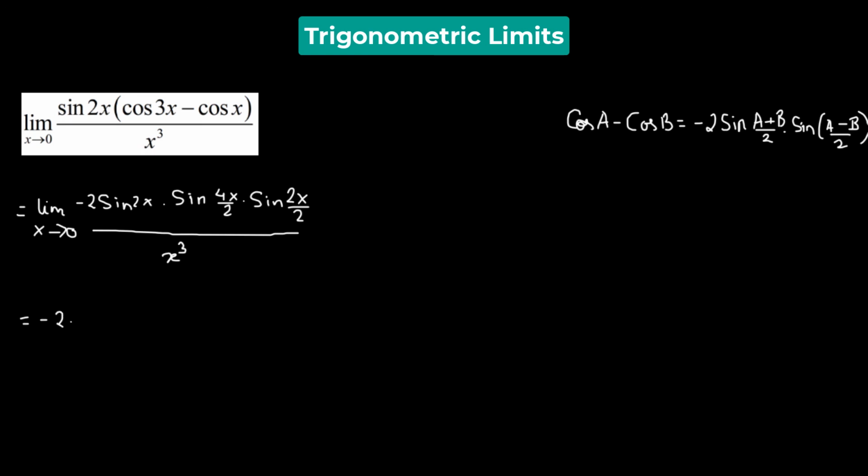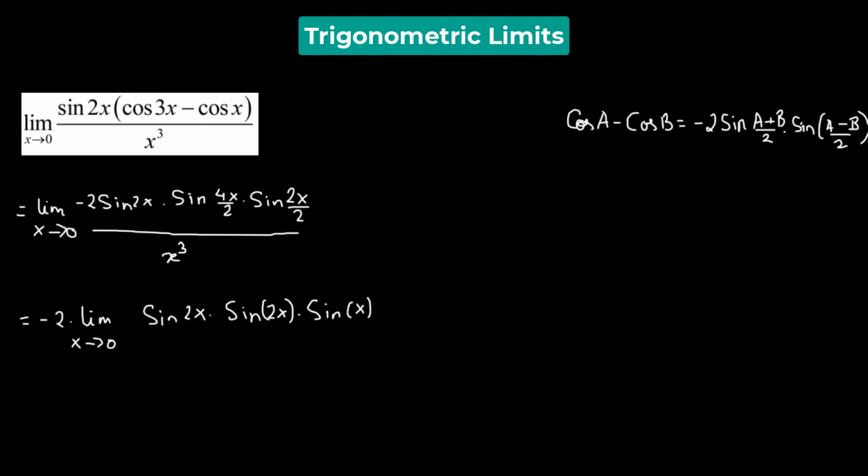So we have negative 2 times limit x approaching 0 of sine 7x over 2 times sine of 2x over 2, which is going to give us simply x.